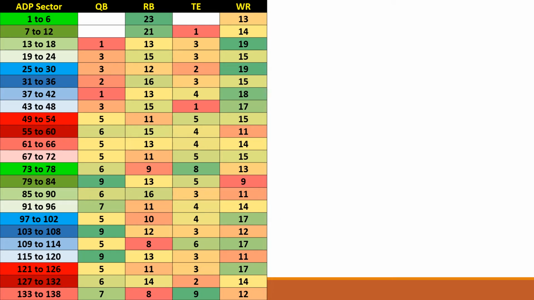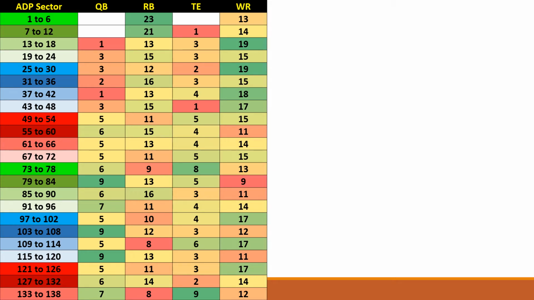So I've had this figure before. This is ADP sector in sixes, so every two represent a round. We have quarterbacks, running backs, tight ends, wide receivers. Over 2015 to 2020, six years, I've just counted the number of each position in each segment.